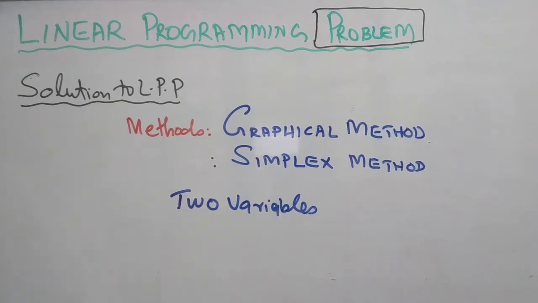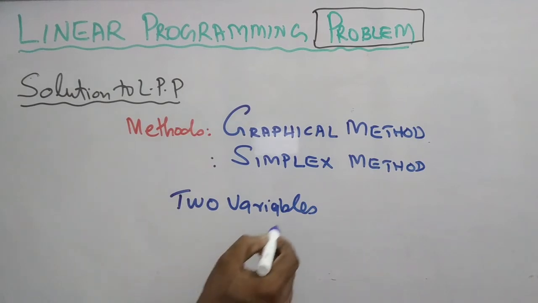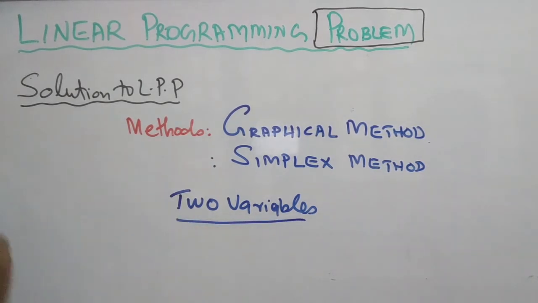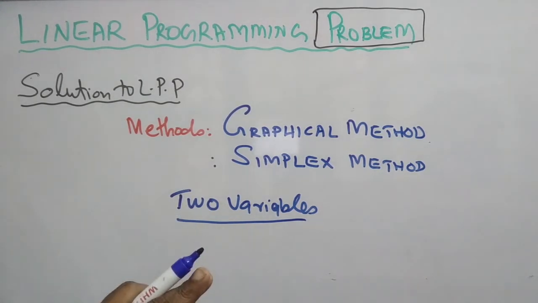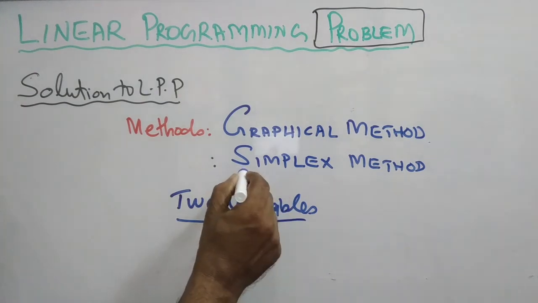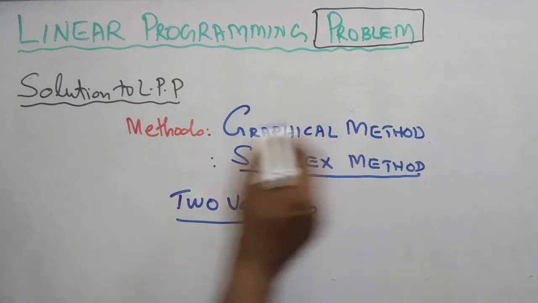So the graphical method is restricted to two-variable problems. If there are more than two variables, the graphical method cannot be used, and then we use a method known as the simplex method.